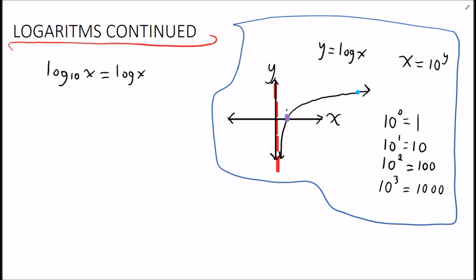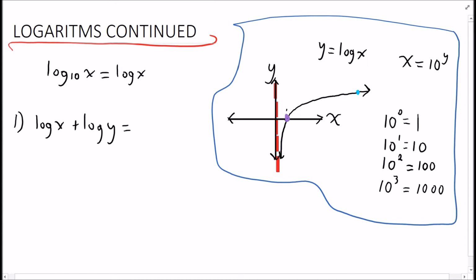So, first rule is that if we have a log of something, so let's say it was log x, plus the log of something else, let's say log y. And notice I didn't put any base in here, so that means this is base 10 in this case.